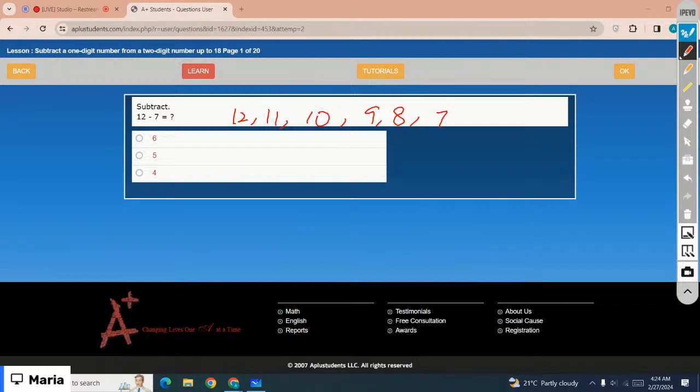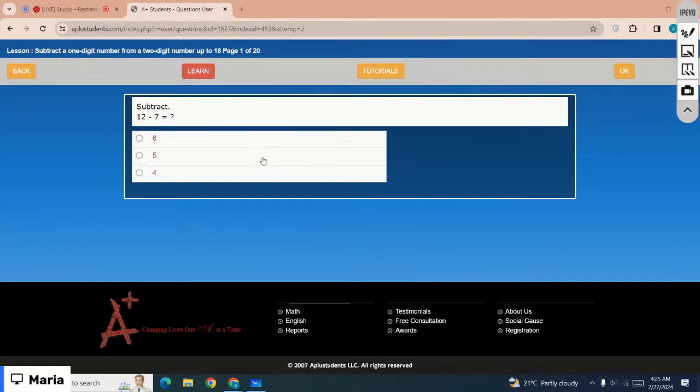So 1, 2, 3, 4, 5, 6, 7. You have to go back 7 digits, right? So 12 take away 7, you end up on 5. So 12 take away 7 is 5. The correct option is 5, right? Option number 2 is the correct option.